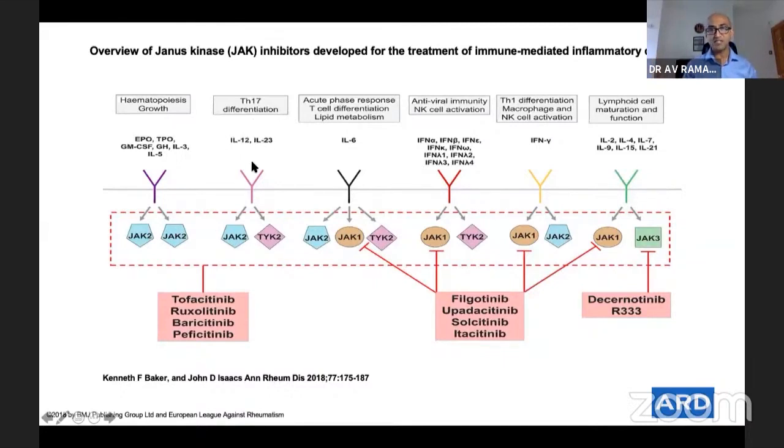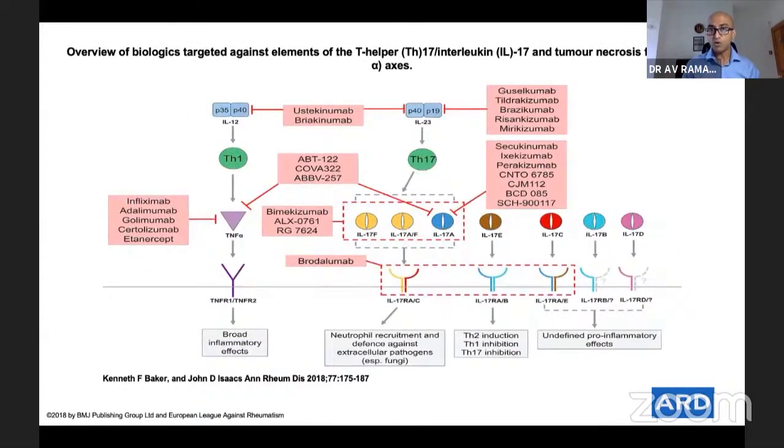And if you remember my first slide, the role of IL-12, 23, and IL-6 in the pathogenesis of experimental autoimmune uveitis, as well as gamma interferon. So really, blocking a JAK, whether it's JAK1/2 selective or JAK1 selective or JAK1/2/3 blockade, you may have an impact. And we have a host of other molecules.